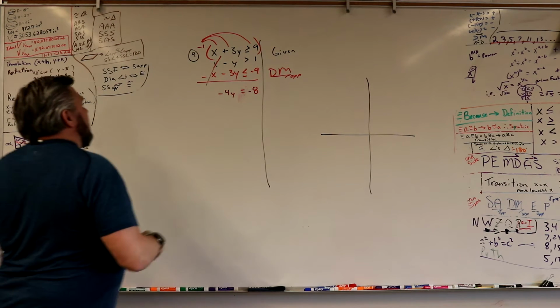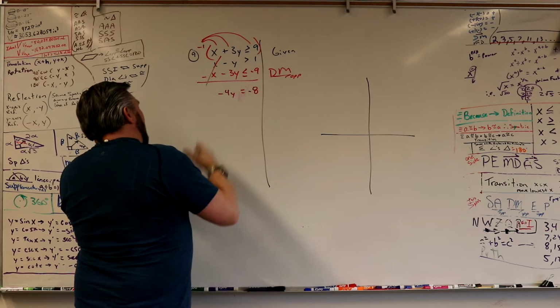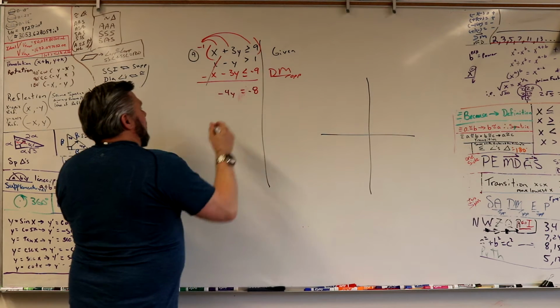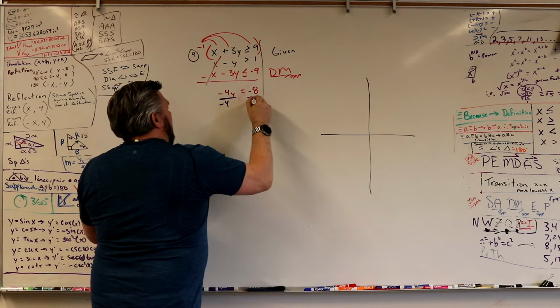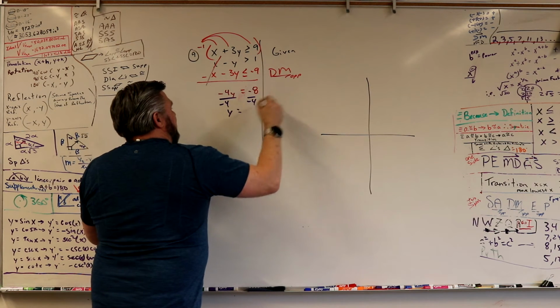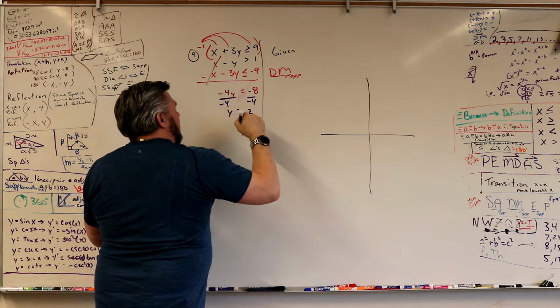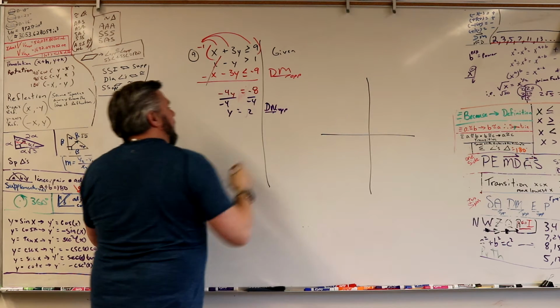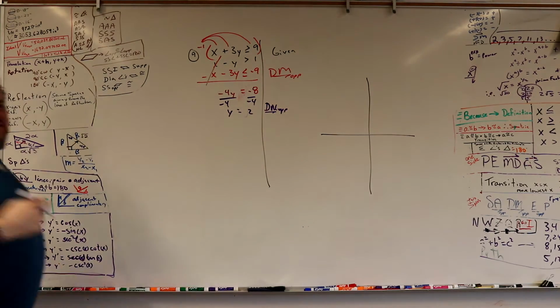Now, how do I solve? You divide by negative 4. And again, that is just DM, right? So we know y is 2.